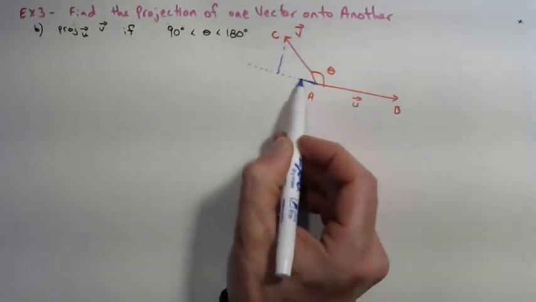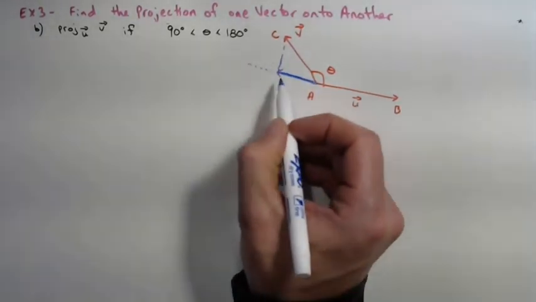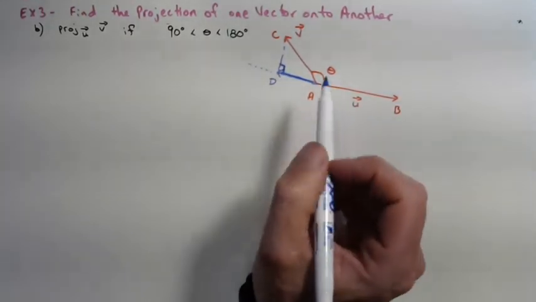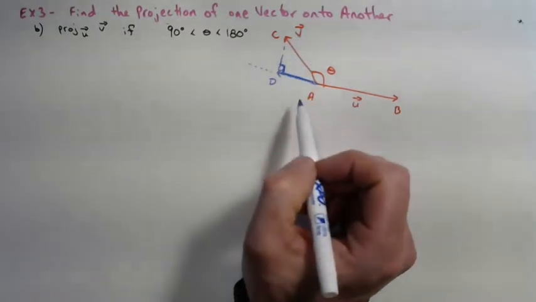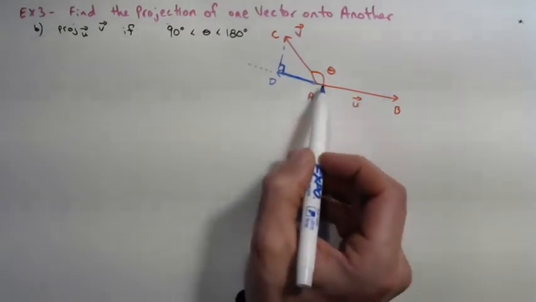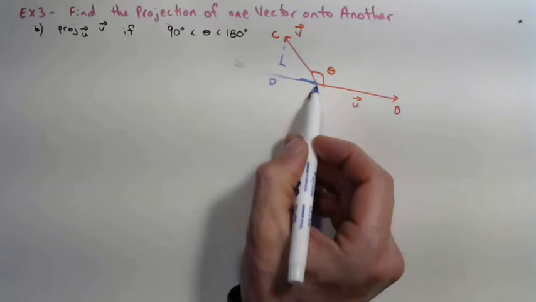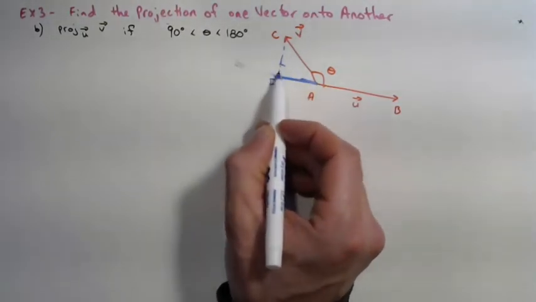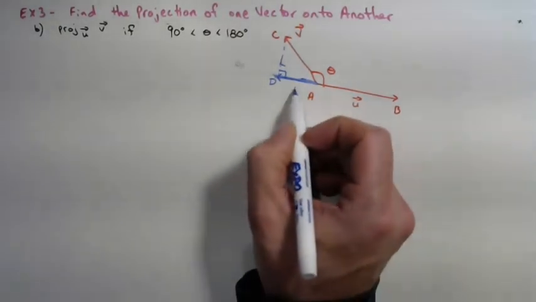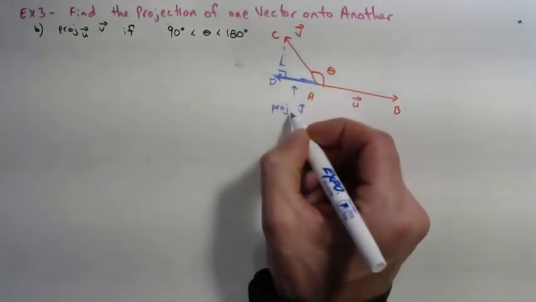And that tells me that this piece right here, let's call it AD again, with a right angle triangle, represents the projection of v onto u, and you can see that it is going the opposite direction of u. And this is a terrible 180 degree line. Should make sure that's clearly flat. Okay, so this right here is the projection of v onto u.